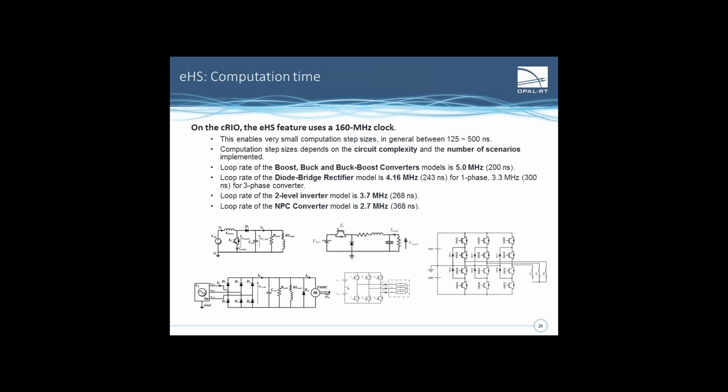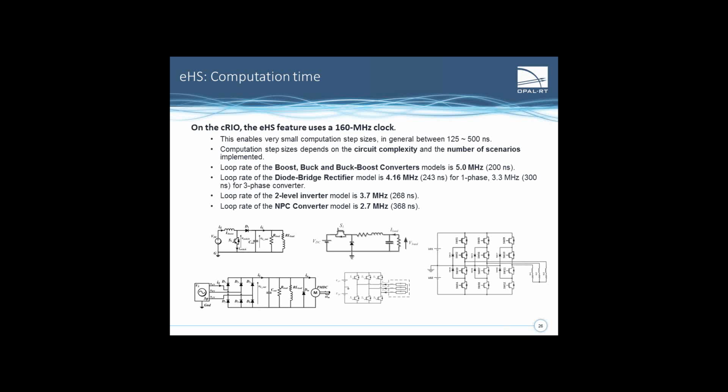These are a few examples of the sample times that we can achieve with the EHS solver. In general, that sample time will be between 125 and 500 nanoseconds. For the DC-DC converters, the sample time depends on the complexity of the circuit and also the number of scenarios we want implemented in the circuit.